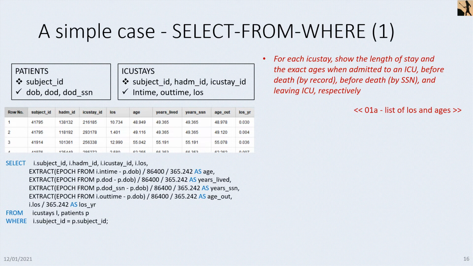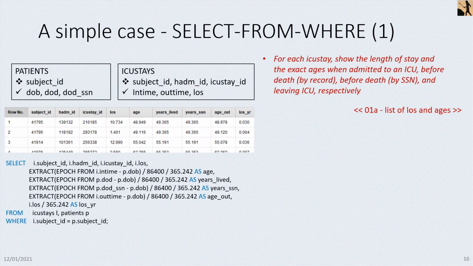So we should be looking at a result like what is shown here, and the SQL statement, if you can quickly read it, says I would like to select the attributes I like from these two tables, and of course, to join the two tables, the subject should be the same person.